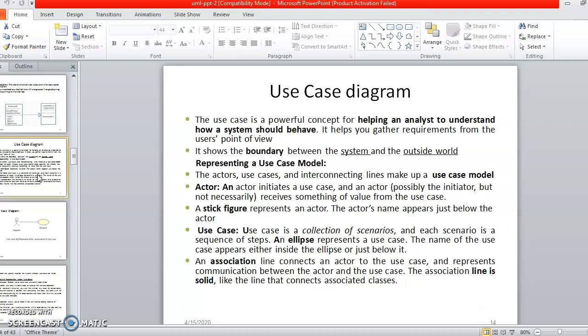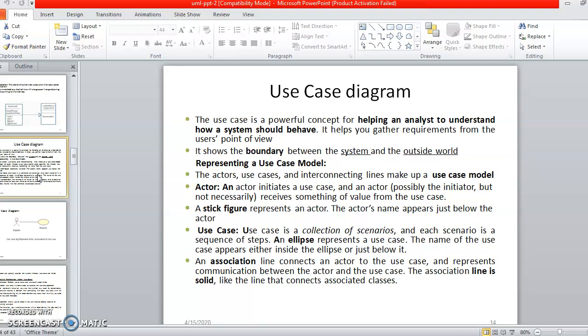Now let's move towards use case diagrams. A use case diagram is a powerful concept for helping an analyst understand how the system should behave. It helps you gather requirements from the user's point of view. It shows boundaries between the system and the outside world, representing a use case model.